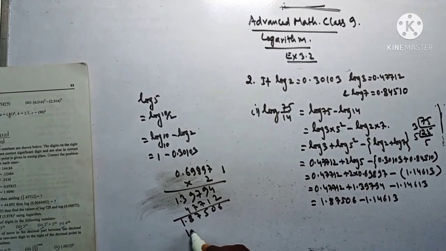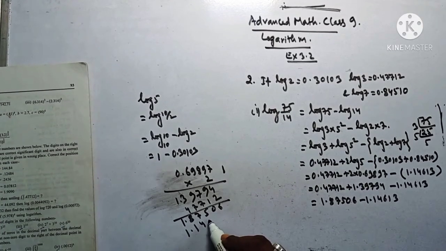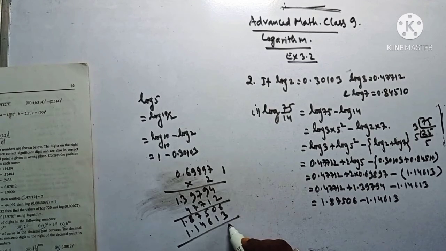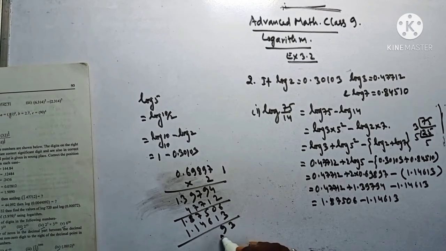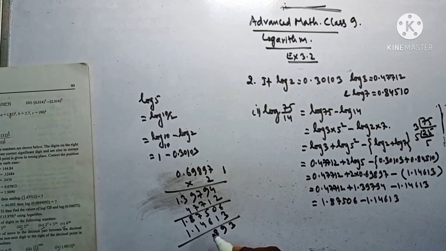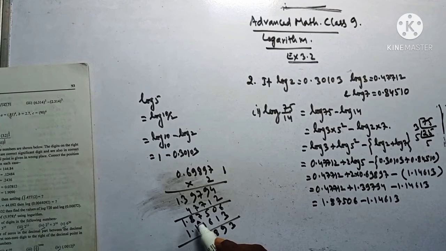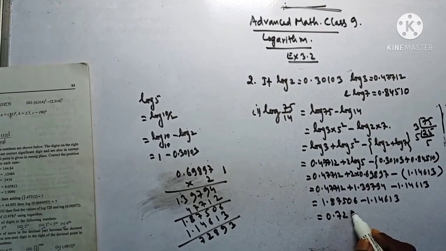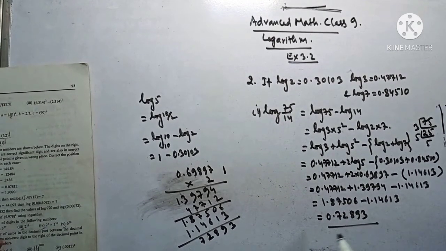So you subtract it. 6 minus 3, that is 3. 10 minus 1 is 9, 14 minus 6 is 8. 6 minus 4 is 2, and 8 minus 1 is 7. So this comes out to be 0.72893. This is your answer.